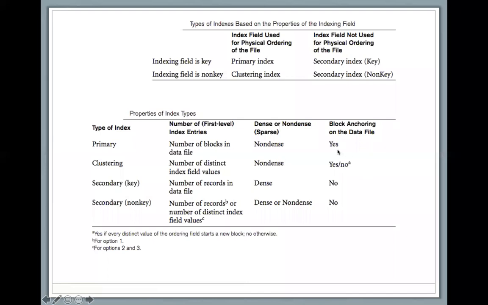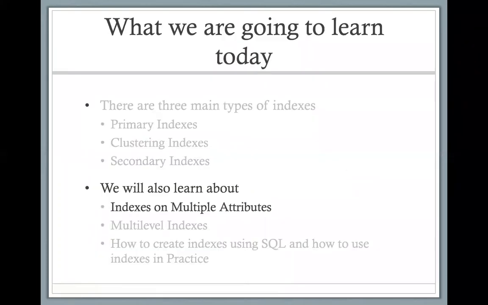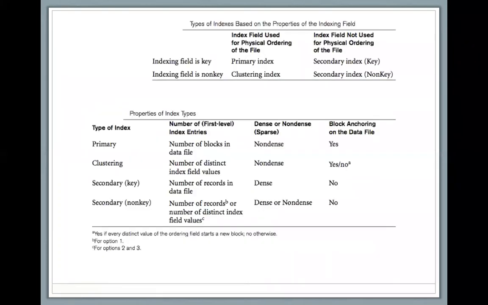Clustering is yes and no. Yes, because if you're doing this per, remember this option where we reserve certain blocks for a particular value, then I'm doing some block anchoring because the pointer will point to the first value of a block. And it's no in the other case, when we don't have a reserved block per value. And secondary indices do not do block anchoring, of course, because they really have pointers everywhere.